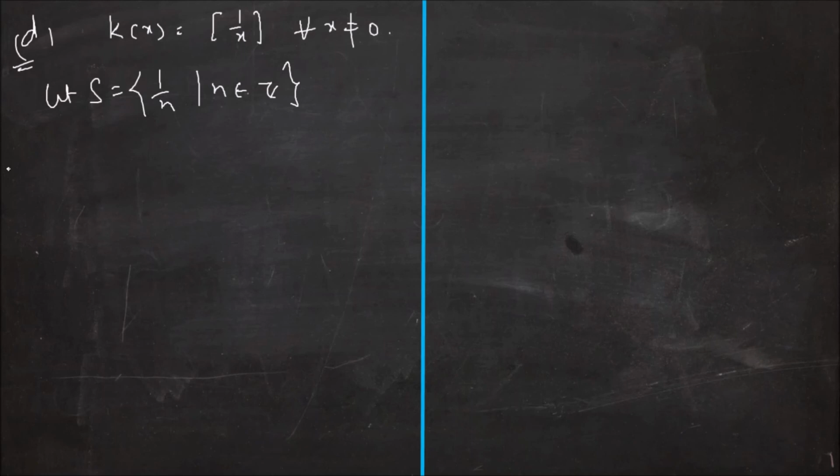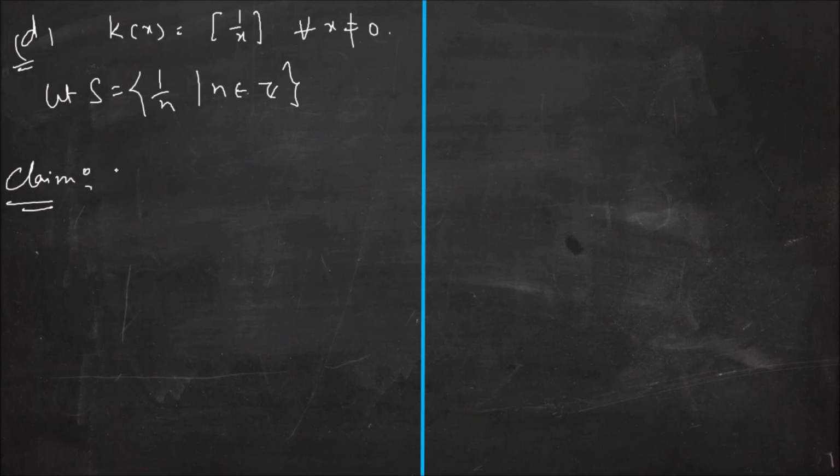So claim, because this will take integral values only when x belongs to this set 1 by n. If x is of the form 1 by n, then this will take integral values, and we know that this will be discontinuous whenever it takes integral values.